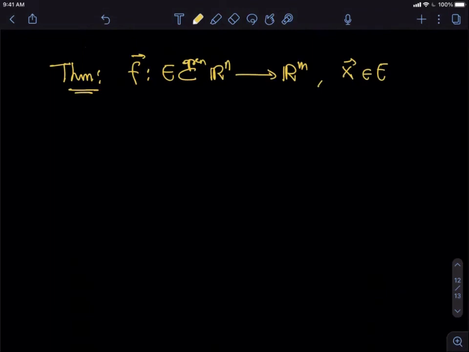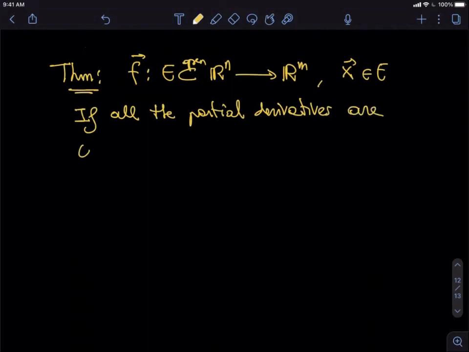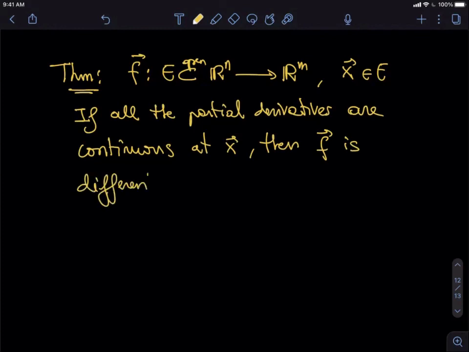Now, if all the partial derivatives exist and are continuous at x, then f is differentiable at x.